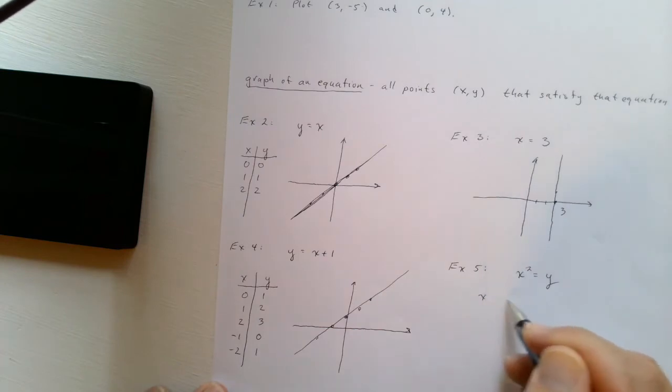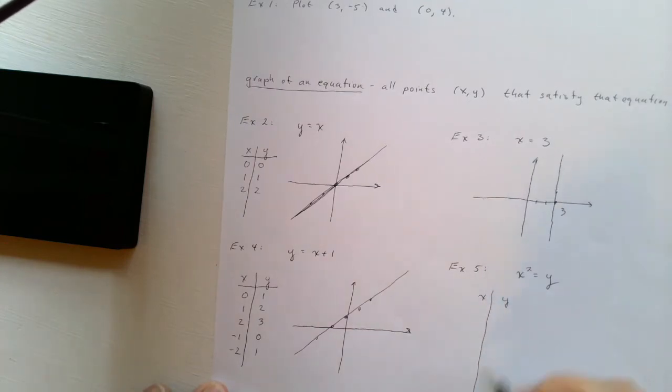This next one, we have x squared equals y. But if we plot points here, say if x is equal to 0, we get 0. If x equals 1, we get 1. If x is negative 1, we also get 1. If x is 2, we get 4. Negative 2, we get 4.